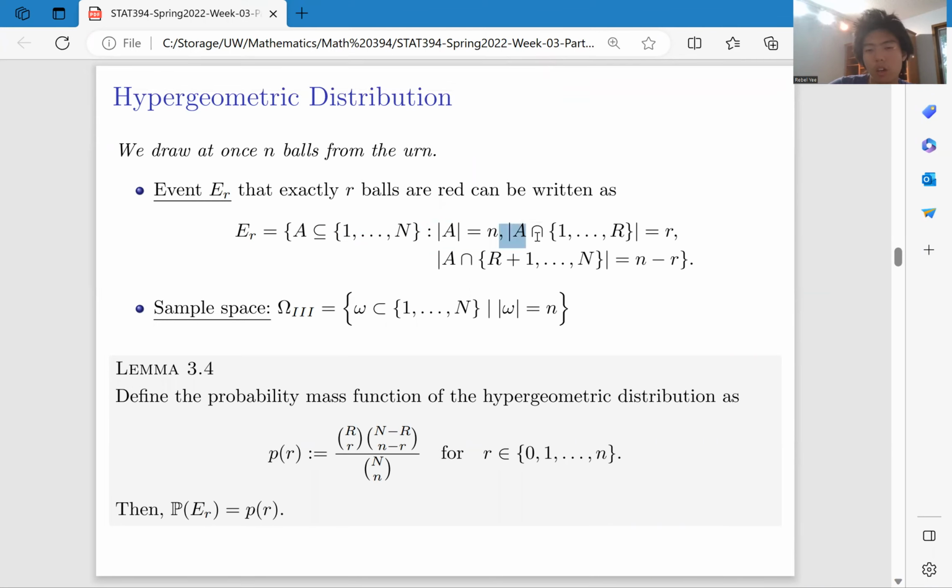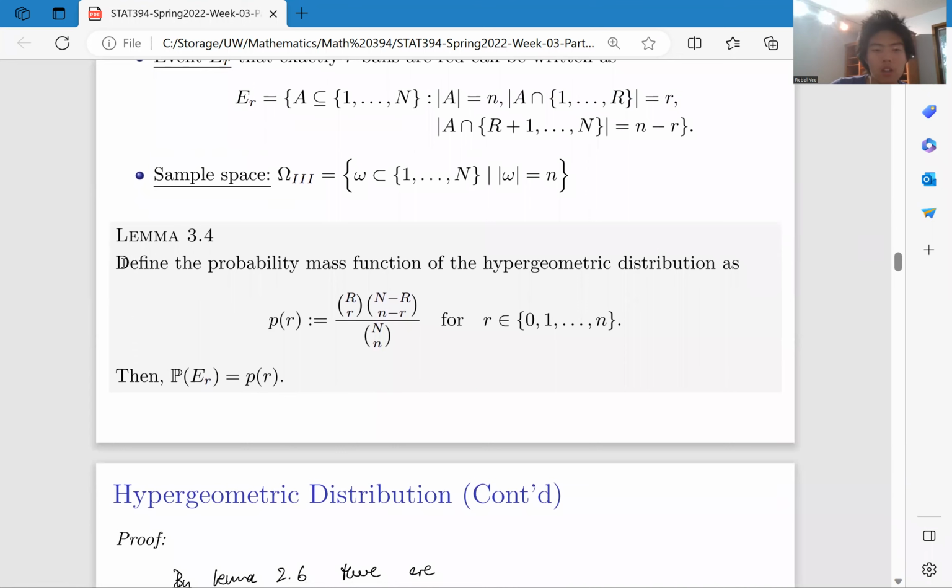Only r of them are red, so A intersect with 1 to R has cardinality r, and the remaining n minus r are white. A intersect with R plus 1 to N, which is the not-red set, has cardinality n minus r, which then sums up to be the small n.